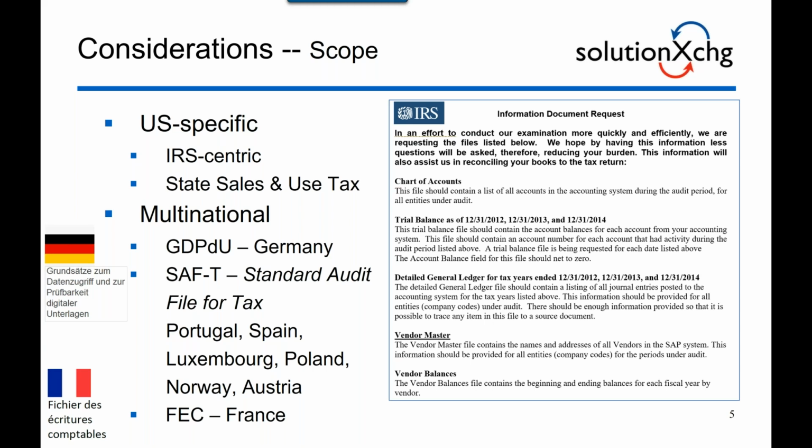And the three main ones I'll highlight here, meaning the chart of accounts inside the financial system as defined in SAP, all the accounts that potentially may have financial postings to it, the balances associated with those accounts for given years that are requested for a given audit, in this case, 3 particular years with, as you can see, a 4+ year lag between the current day and the years under audit.